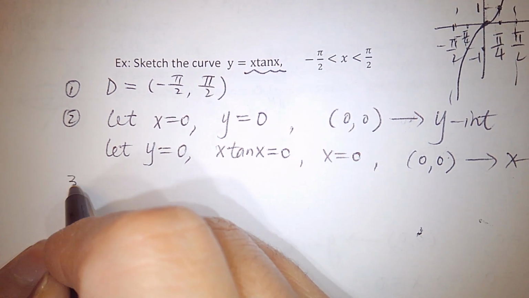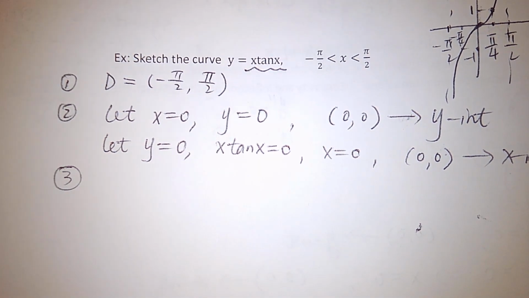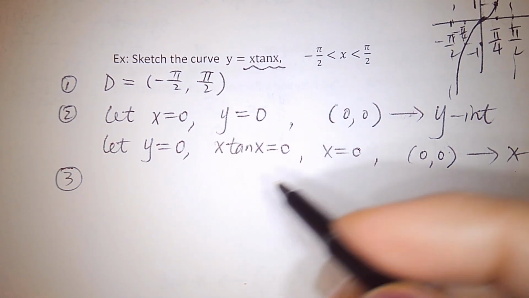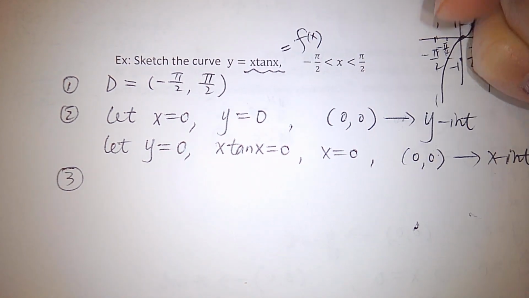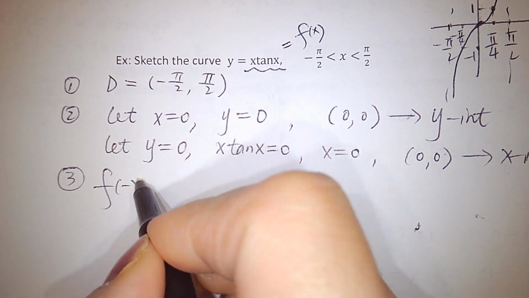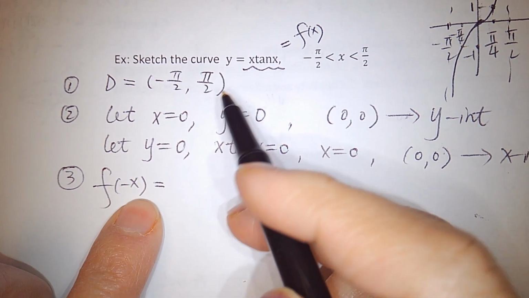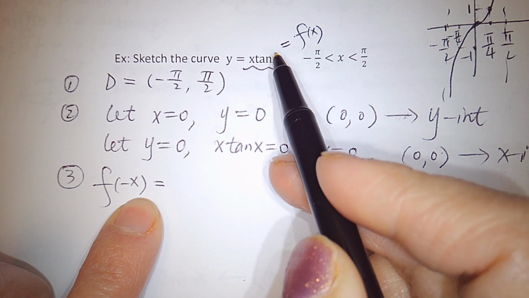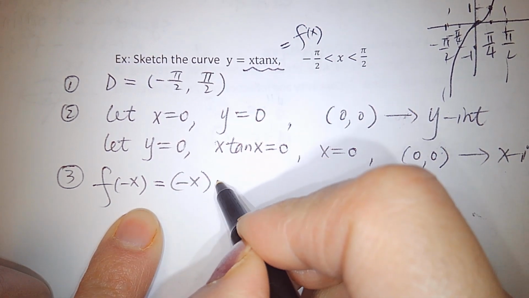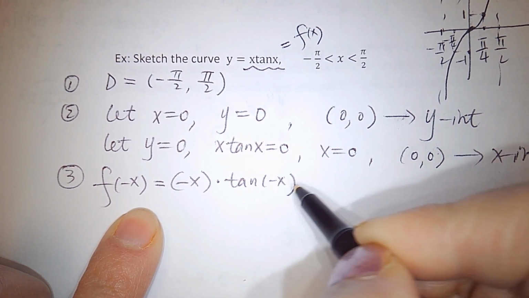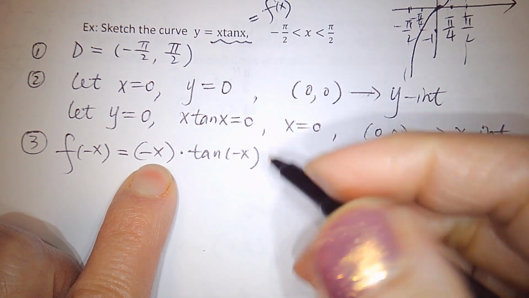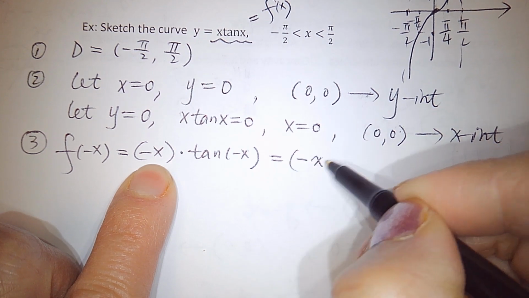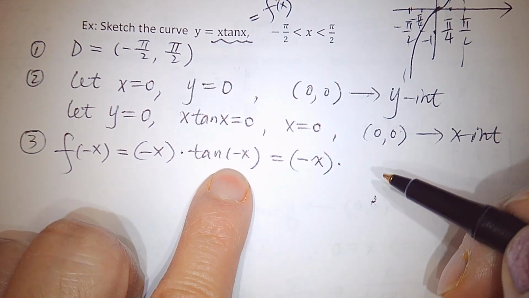Alright, step 3. What is step 3? Symmetry, right? If y equals x times tangent x, this is our f of x. So let's check f of negative x. f of negative x means we replace every x by negative x. Do you agree? So negative x stays negative x. What is tangent of negative x?